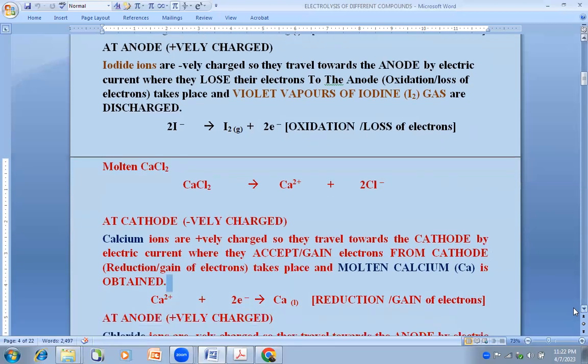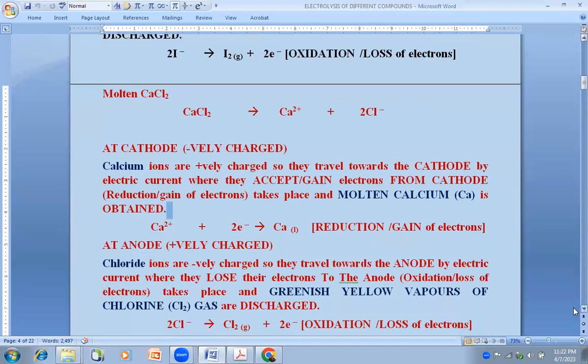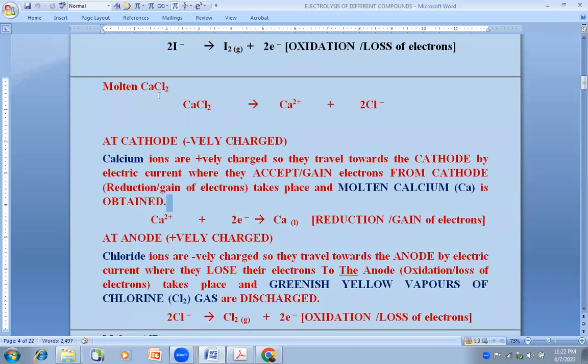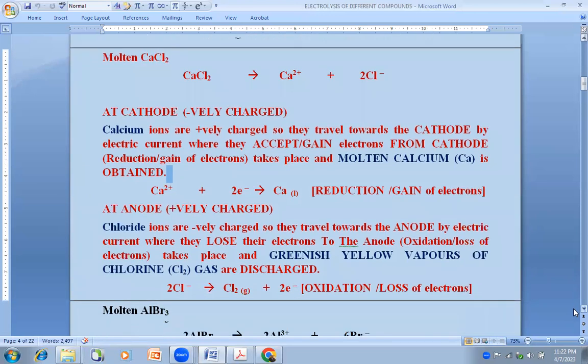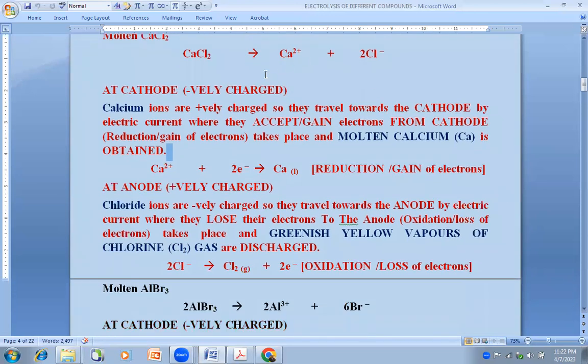Second condition for the molten cases: calcium chloride. When calcium chloride is heated, it ionizes, dissociating into calcium positive and chloride negative ions. As for the process, you know that the cathode plate is the negative plate, it contains negative charge, so positive charge type ions travel towards the cathode.